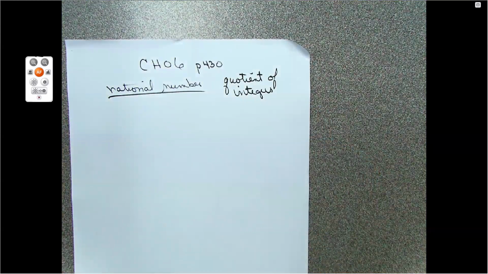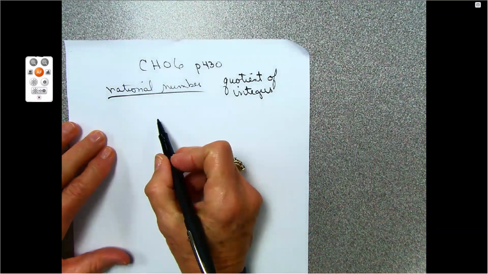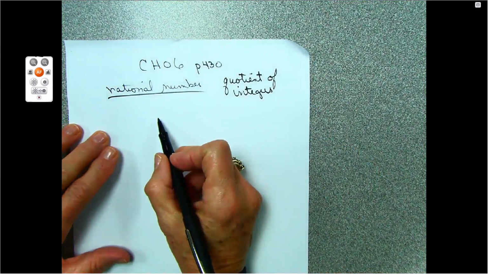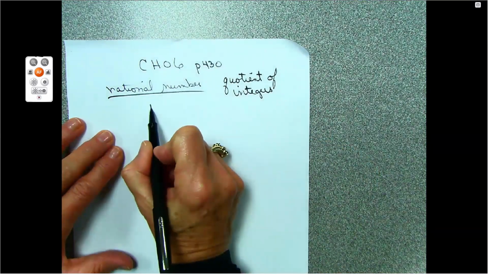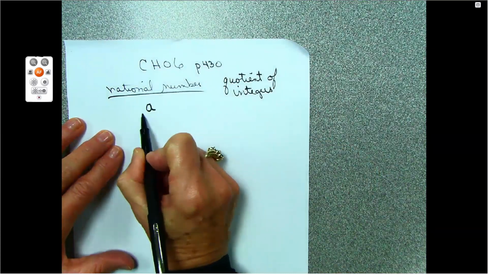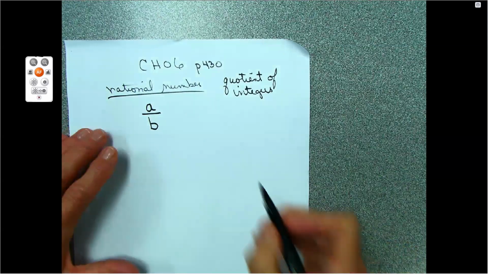So when we were defining our whole numbers and our counting numbers and our integers and our rational numbers and finally our real number set, rational numbers are a quotient of integers. So quotient means what? Right, our answer when we divide. Integers, A over B. A and B are both integers.